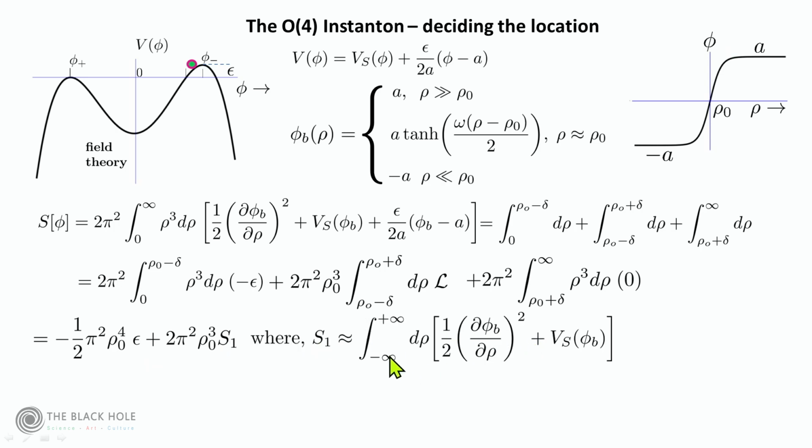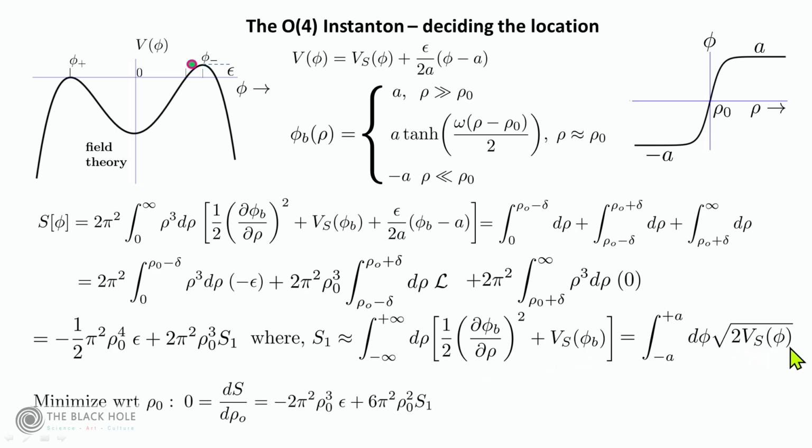I put minus infinity and plus infinity because that makes the integration easy to do, but it's a very good approximation. And so this part over here, we've done this before. That's just square root of 2 times v. Okay, so look over here. This epsilon is positive, right? We've said that before.